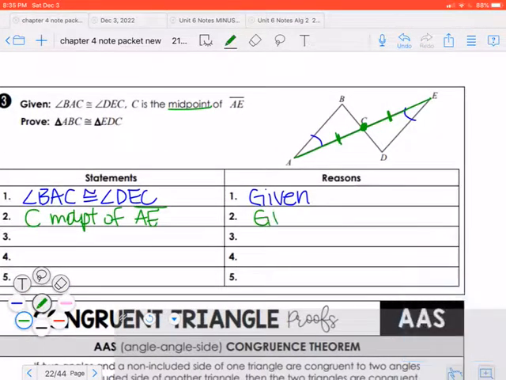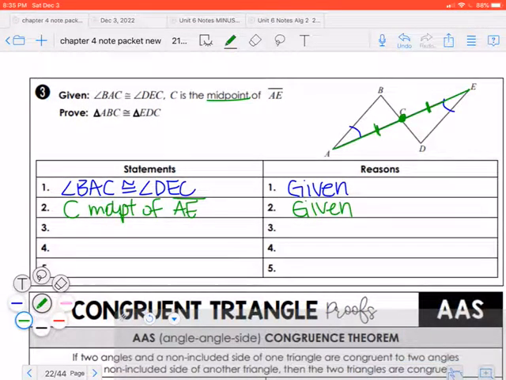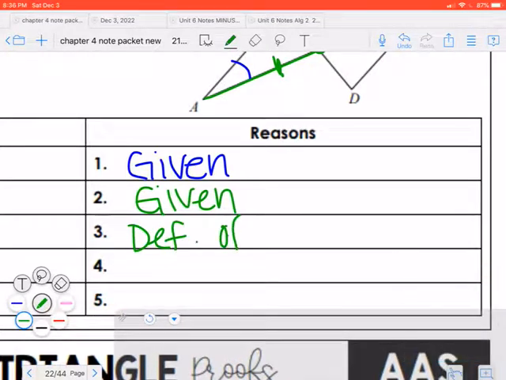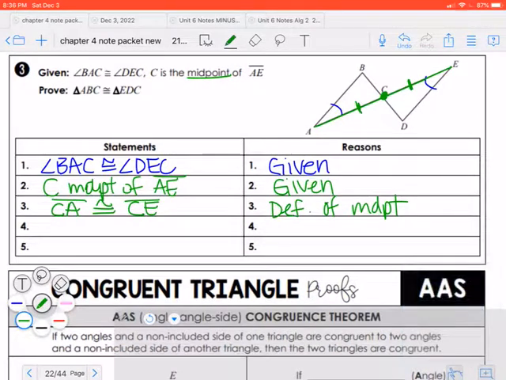First, I have to say that was given. Now our next statement is that CA is congruent to CE, and that is by the definition of midpoint. I always abbreviate there, and that's okay. Definition of midpoint.